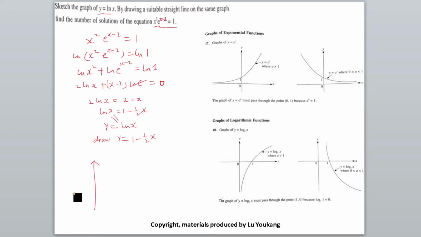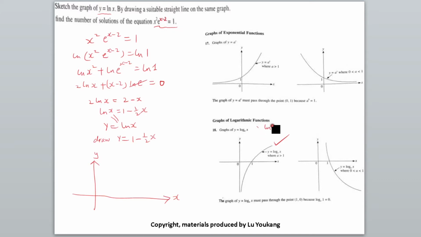So let me draw the two axes first, the x and y axis. And we first draw y equals to ln x. So to draw y equals to ln x, take a look at the graphs on the right, and it should be graph 18.